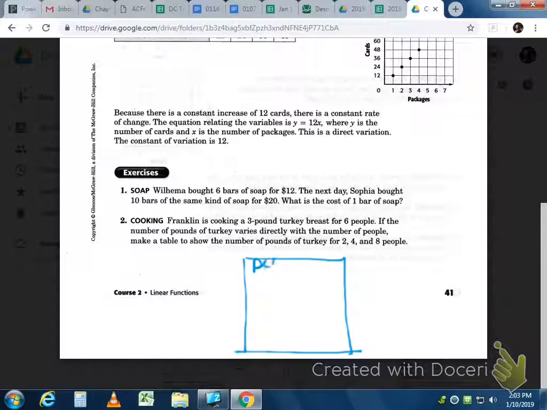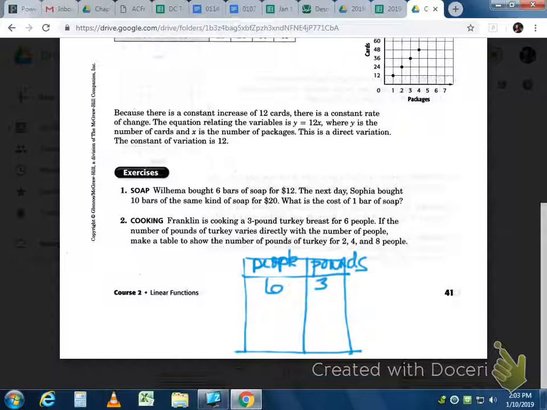We're going to go people, because that's the one that we're going to put the numbers in for, and we're going to do pounds of turkey. We know that they had 6 people, they had 3 pounds.